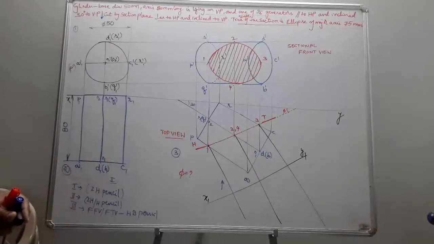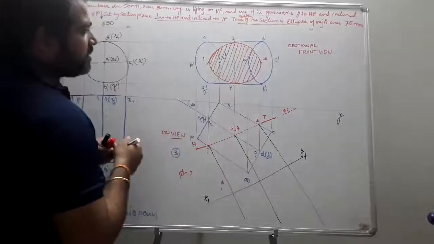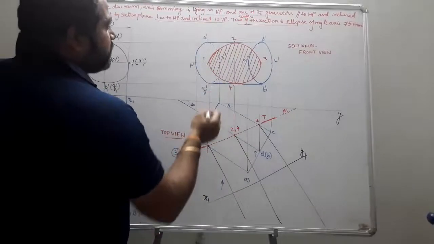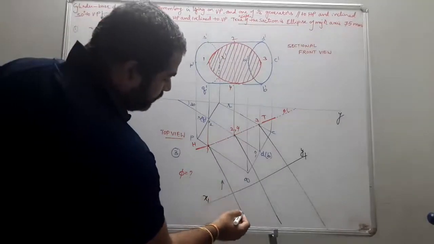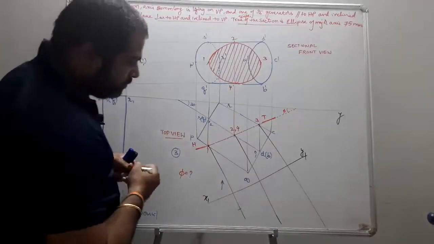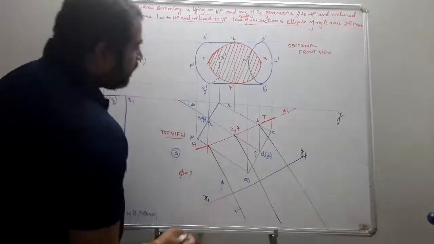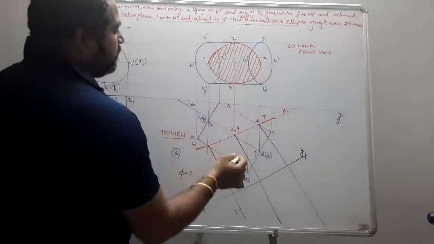Okay. Now take the distances from the old reference line of all the points and put them from the new reference line. So let us see, 1 point is going to be somewhere here. So this becomes your 1. Next, this was your 2 point.